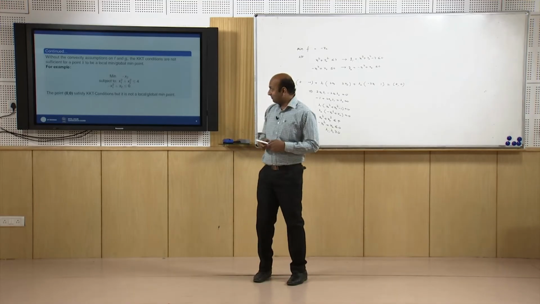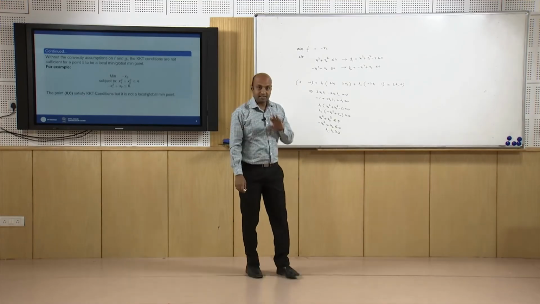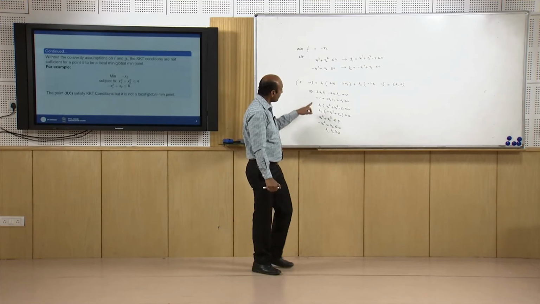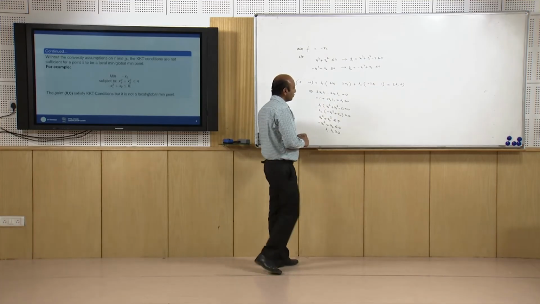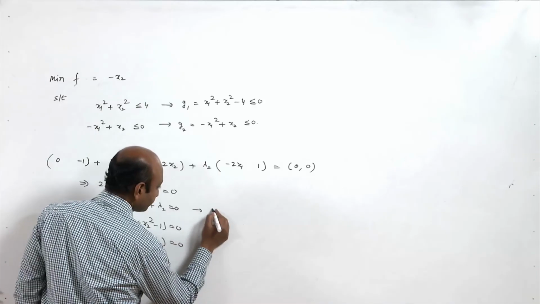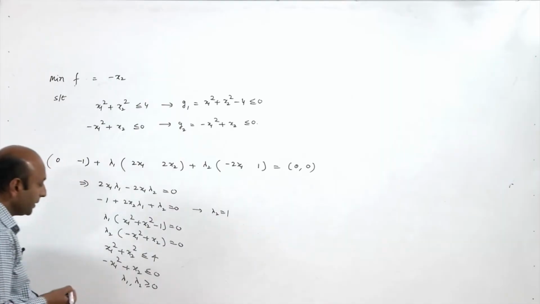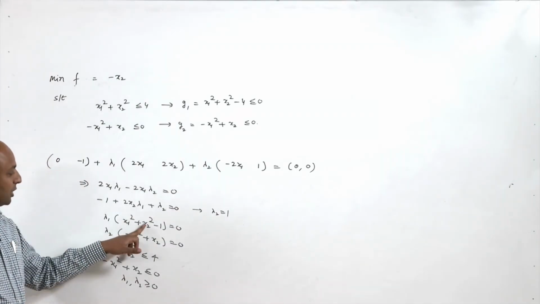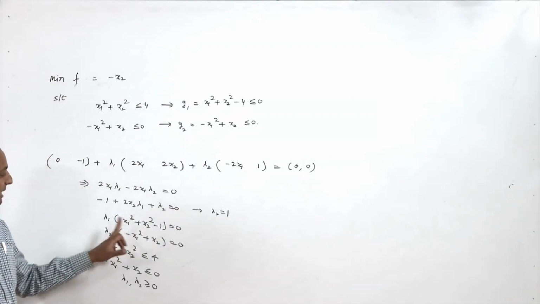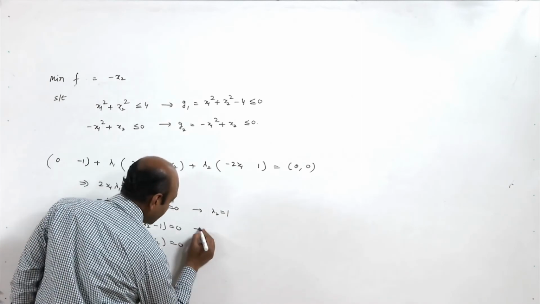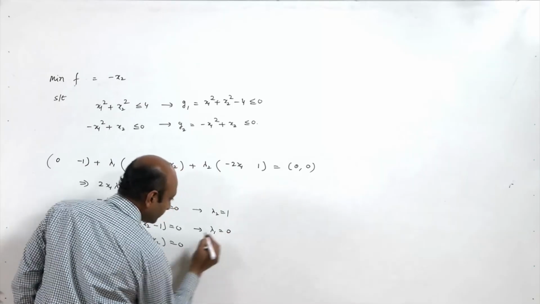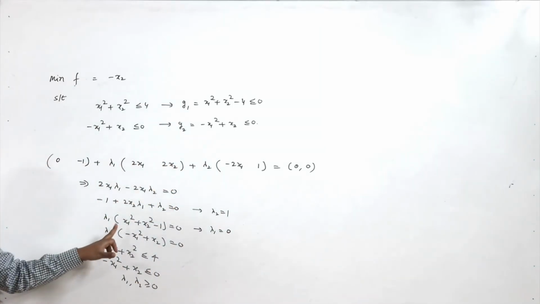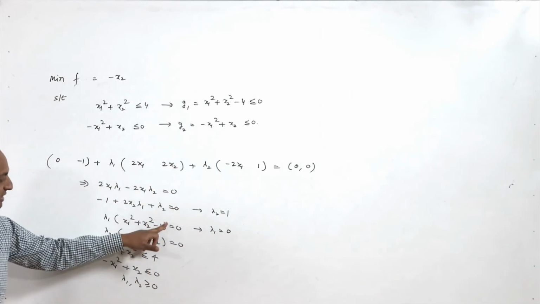Now, if you see the point 0 comma 0, that is x1 equal to 0 and x2 equal to 0, x1 equal to 0 satisfies this condition, and x2 equal to 0 means lambda 2 equal to 1. Now, lambda 1 must be equal to 0, because when you put 0, 0 then the first constraint is non-zero.